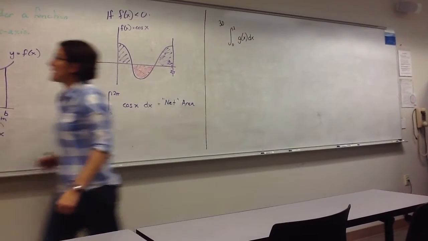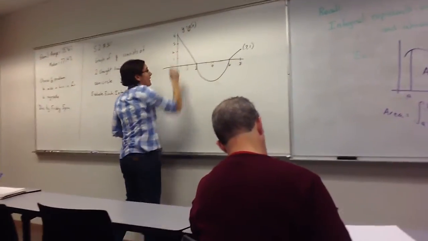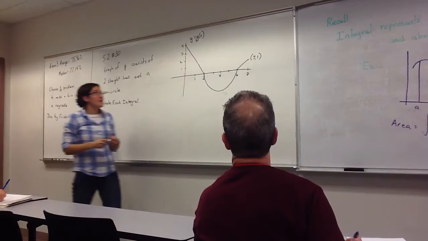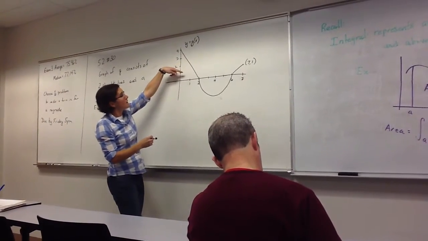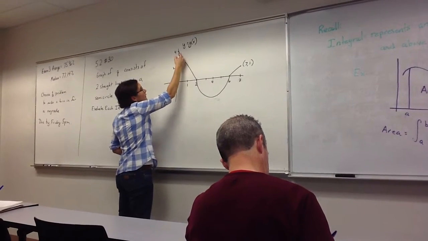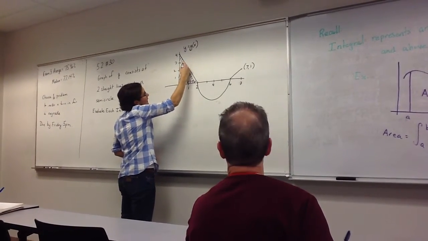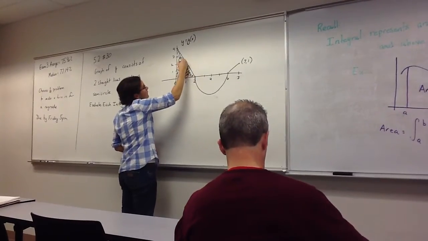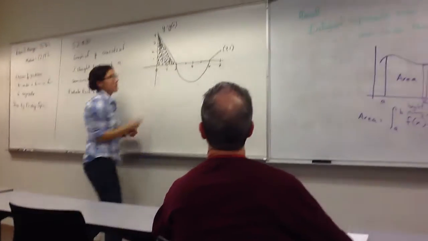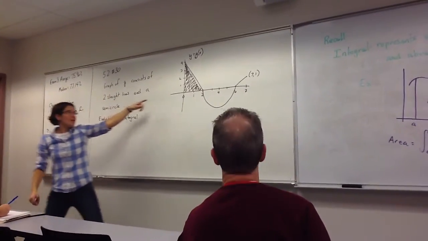All right, so I'm looking at my function, y equals g of x. And I'd like to find the area under y equals g of x and above the x-axis, starting at x equals 0 and ending at x equals 2. We could approximate this area by drawing some rectangles under there, but this is a nice shape.